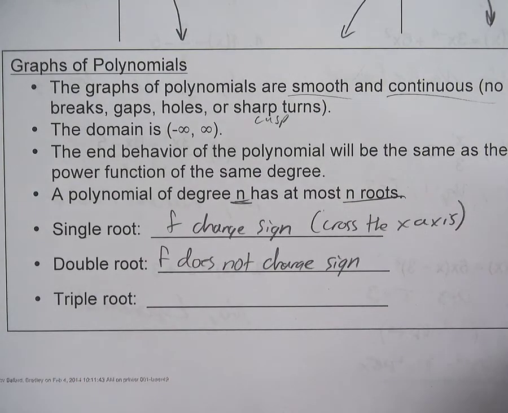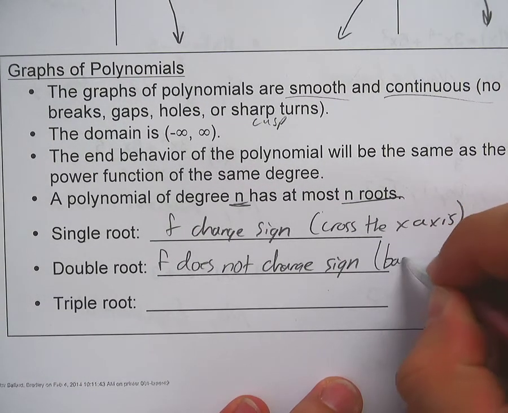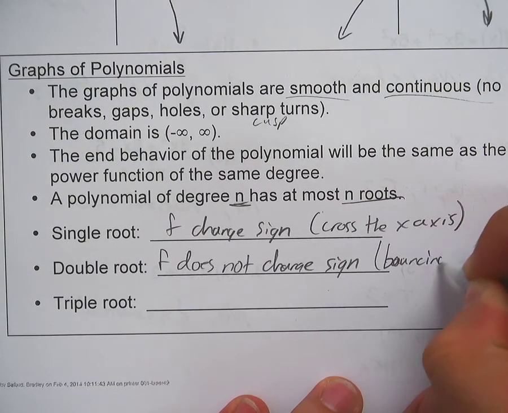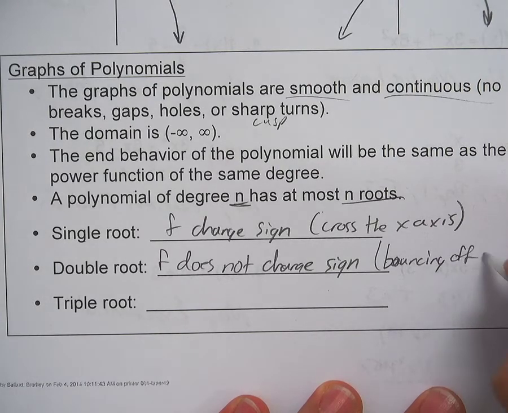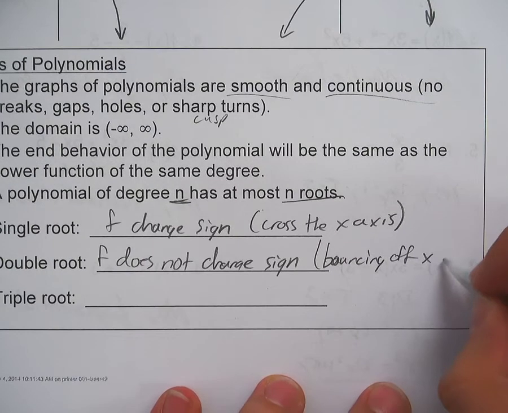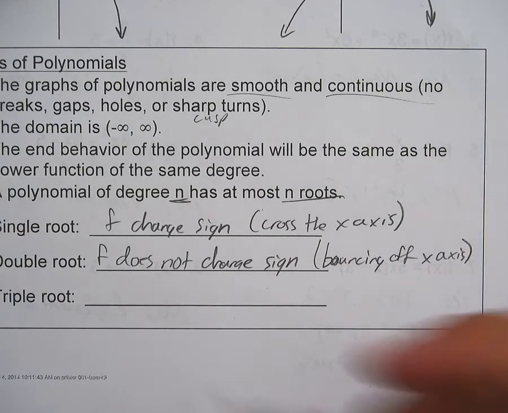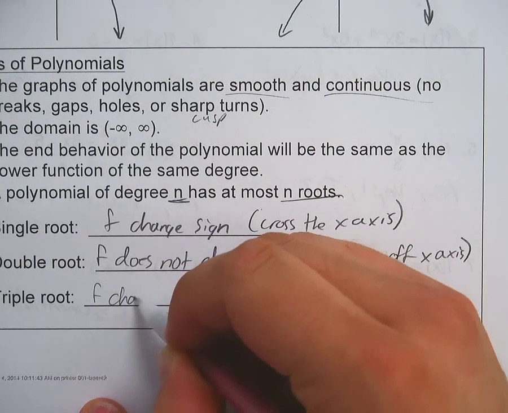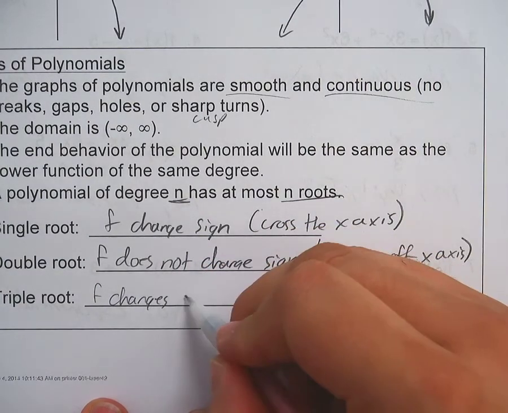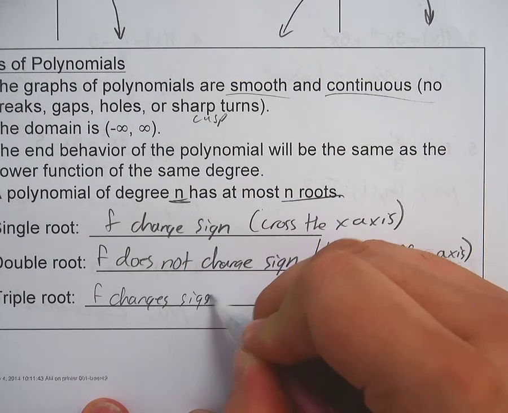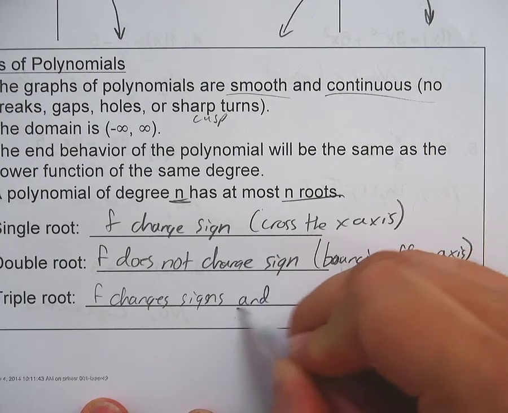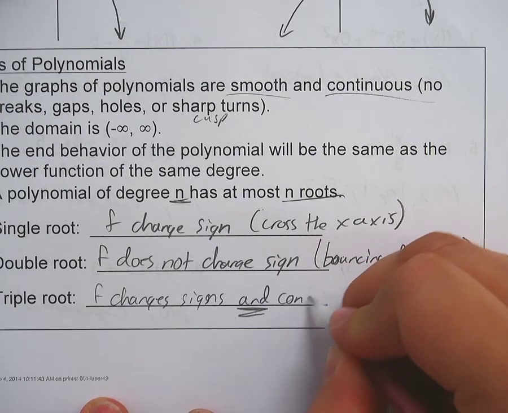Right? And this is what we call bouncing. Bouncing off the x-axis. It hits it, but it doesn't cross. And then a triple root, f changes signs and concavity.